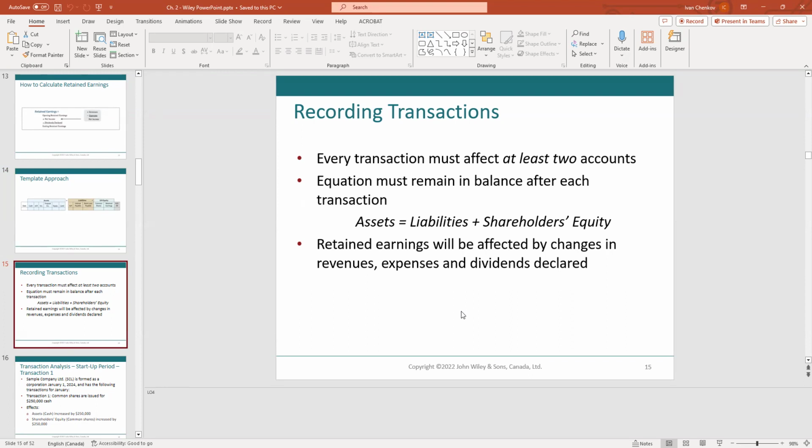Retained earnings, or the net income, will be affected by changes in the revenue and expenses. Every time you have revenue, retained earnings is going to go up. Every time you have expenses, retained earnings is going to go down. Why? Because it's revenue minus expenses that gives net income. More expenses, less income. And retained earnings will also be affected by the dividend declared.